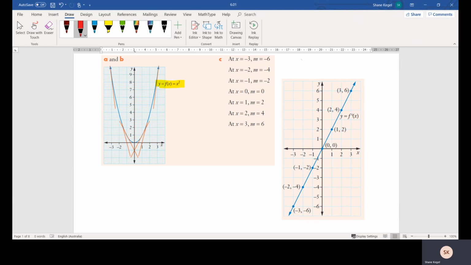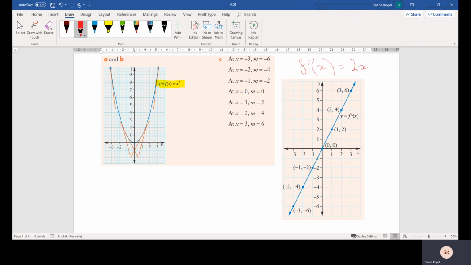Over on the right side here, we have graphed the gradient function of f of x, or x squared, which would actually be 2x. As you can see in this instance, our gradient function is a straight line, or a linear equation.